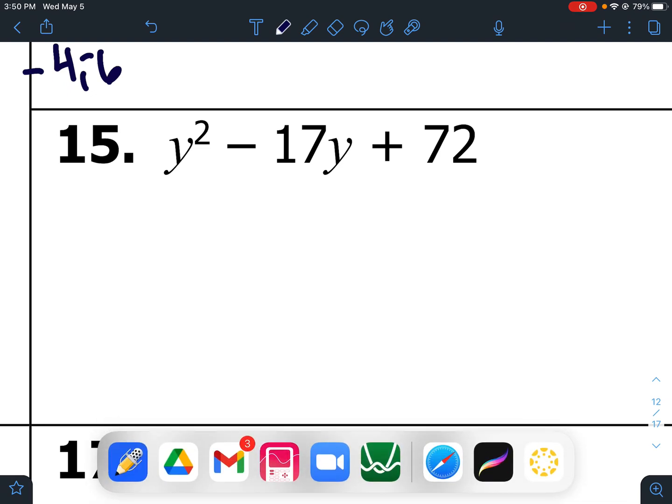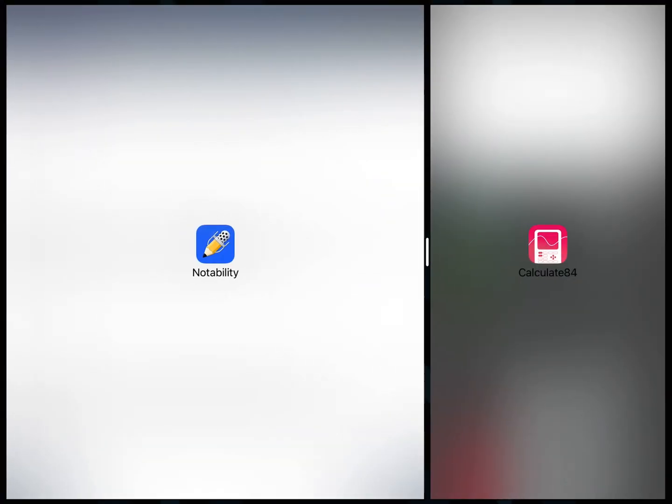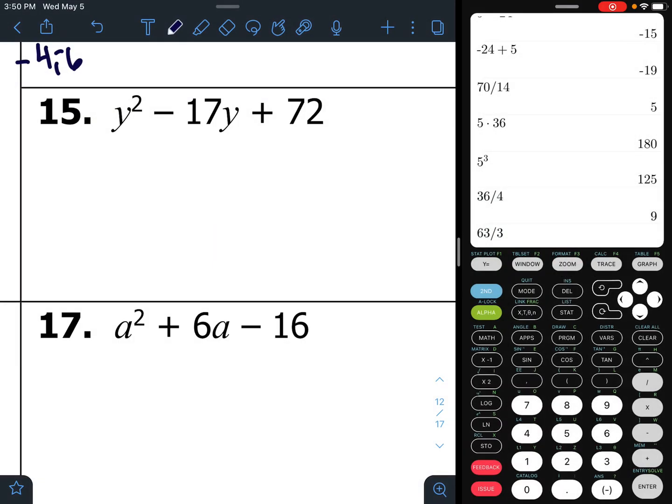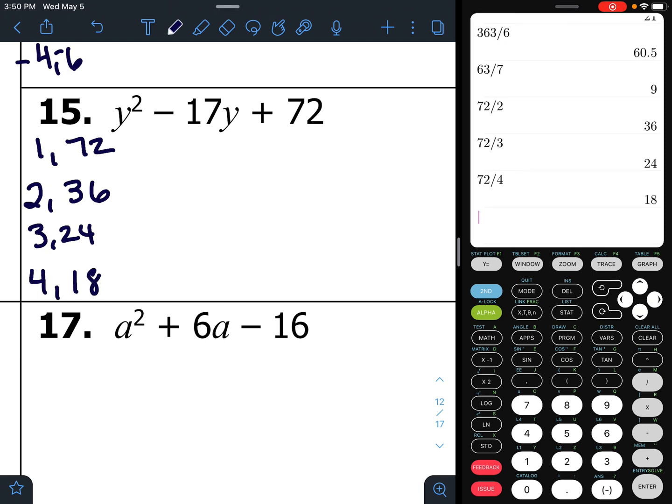Let's try another one. 72, another big number. Let me get out my calculator. Excellent, okay. So, let's start with the basic one, 1 and 72. Divide 72 by 2, and that got me 36. I'm going to divide it by 3. That got me 24. Let's try 4. So you can kind of see the thought process here, right? That gives me 4 and 18.